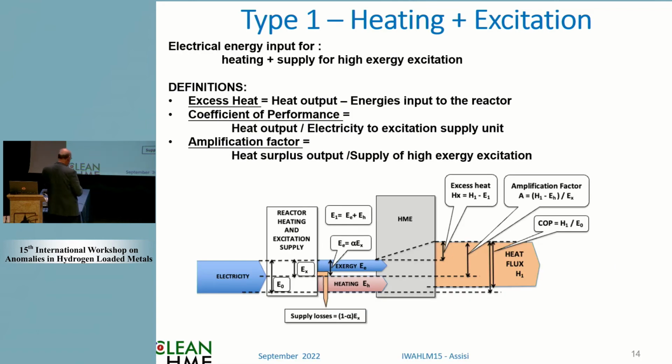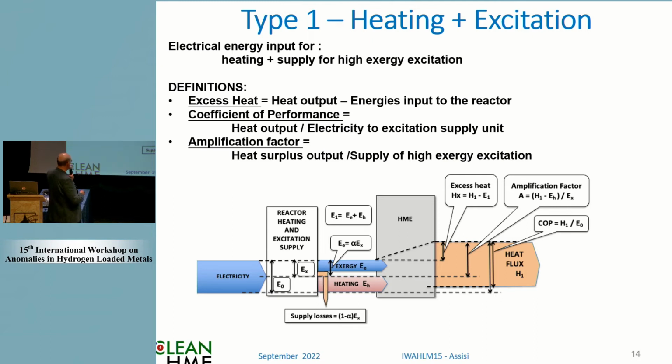Now, some definitions. The excess heat, everybody agrees, is the heat output minus the heat input. Well, which one? We have to make sure if we are talking about the heat energy input here or here. This is already a little bit different. And the coefficient of performance is worse.